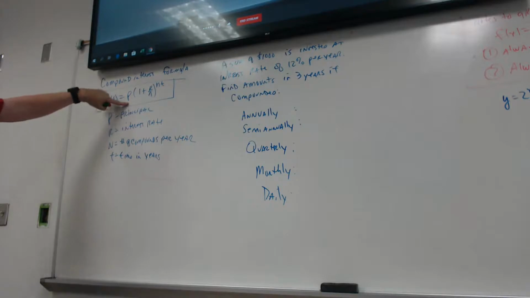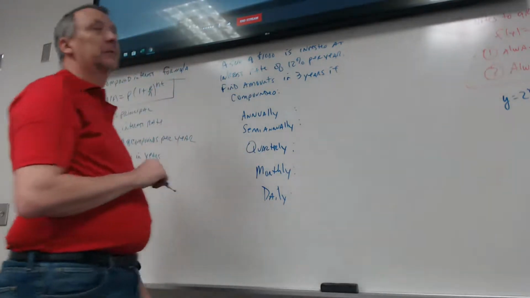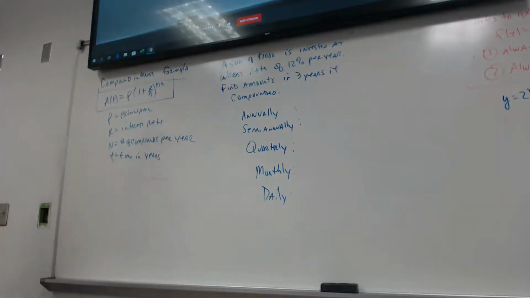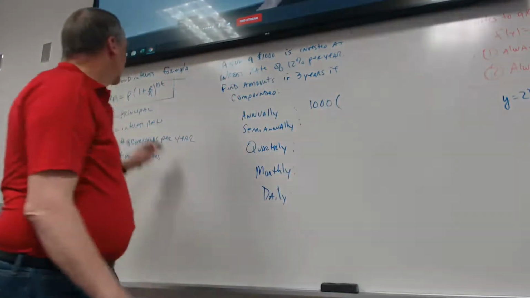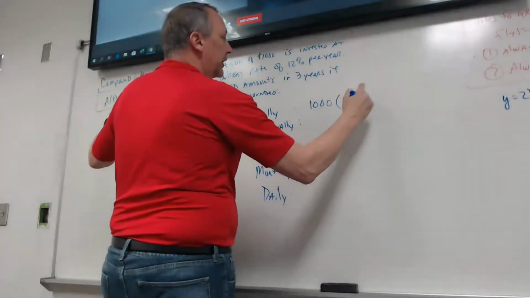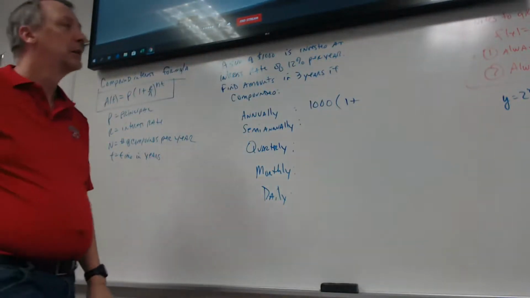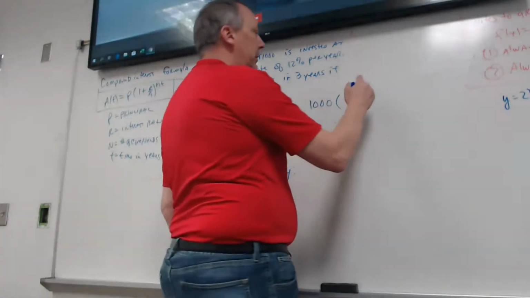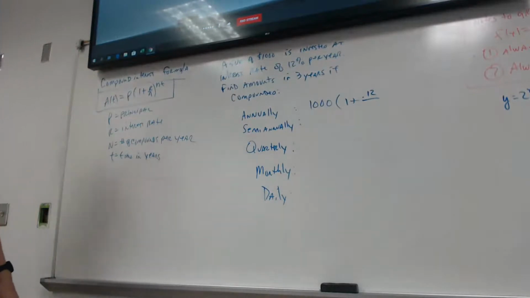So it's the principal, and the principal in this case is? How much are you investing? $1,000. Okay, $1,000 times 1 plus, what's R? It's 12%. So how do I write that? 0.12 over number of times it compounds per year, which annually would be?